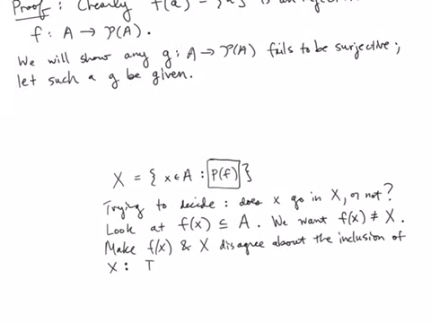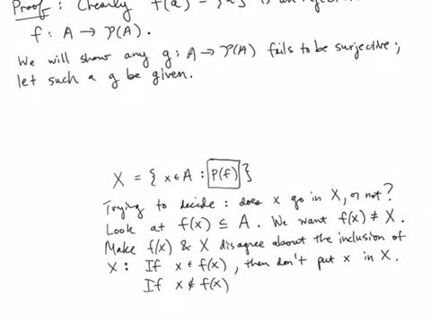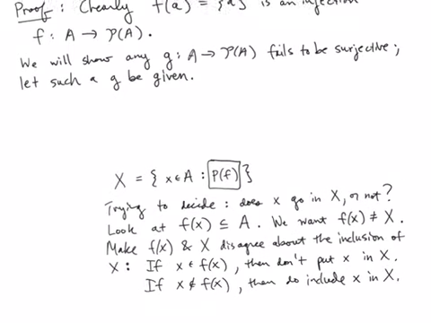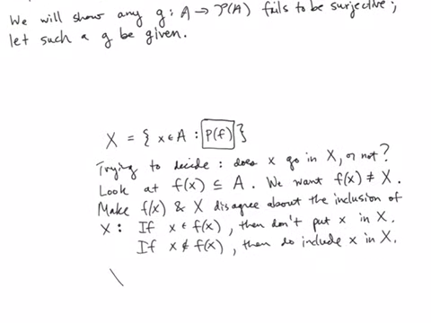So that is, if the element x is in the subset f of x, then don't put little x in X. On the other hand, if x is not in its image subset f of x, then do include little x in X. So in other words, the criterion for our set X, the things that go in X, are the things in A such that they are not in their image sets.